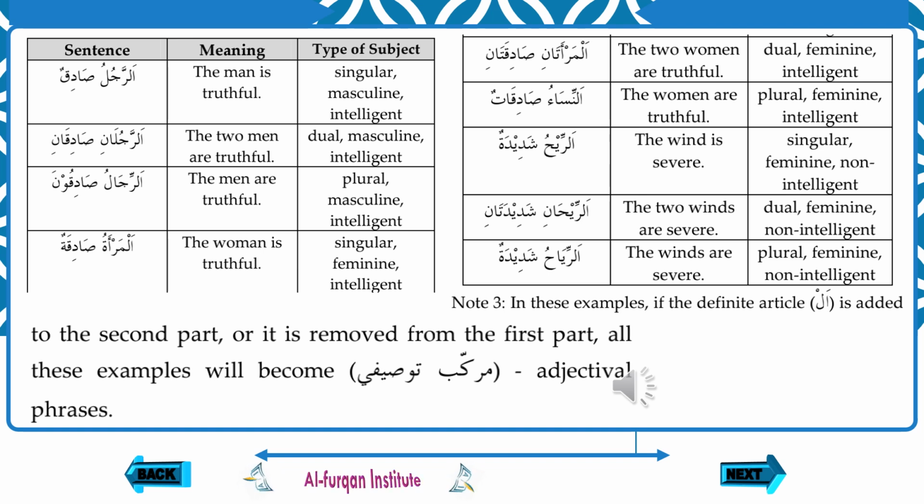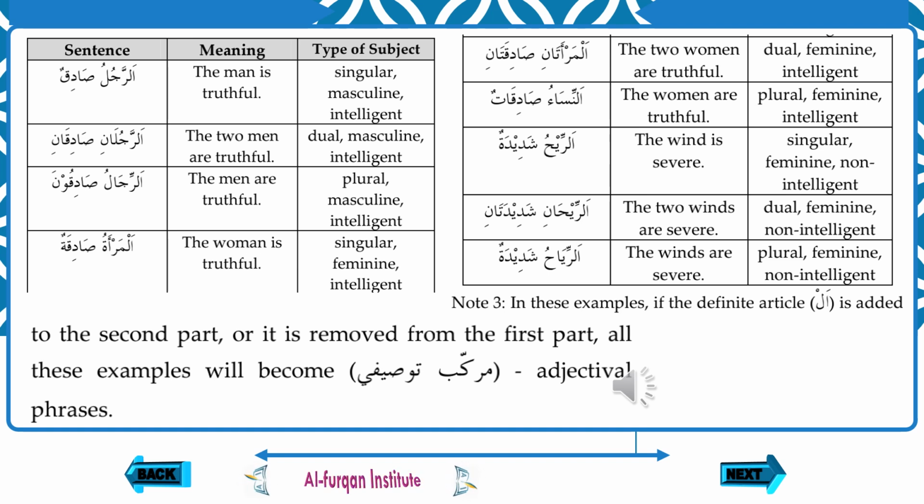In the Jumla Ismiya, we have Mubtada and Khabar. The Mubtada is usually definite, although it can be definite or indefinite, and the predicate Khabar is usually indefinite. Then it must match in definiteness, gender, and i'rab.